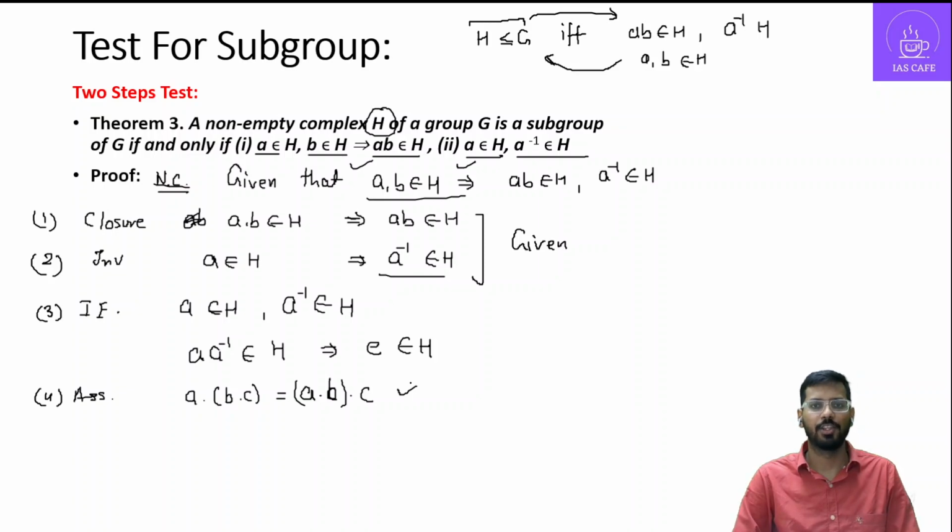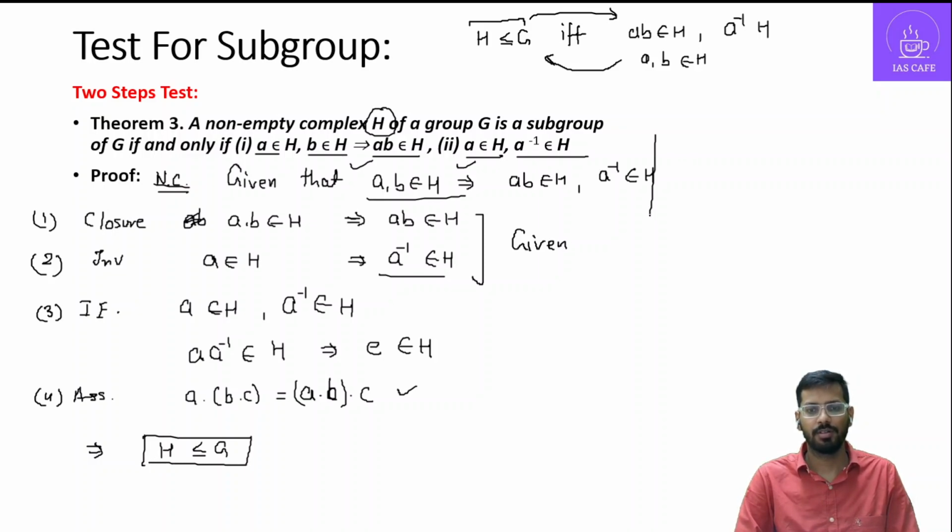So all four basic properties of a group are satisfied in this given subset H, so we can say H is a subgroup of G. The first part is true.